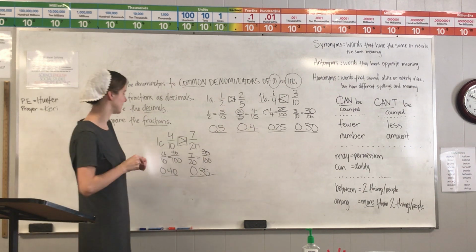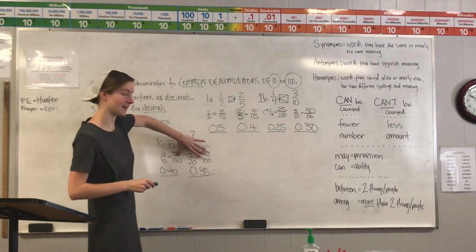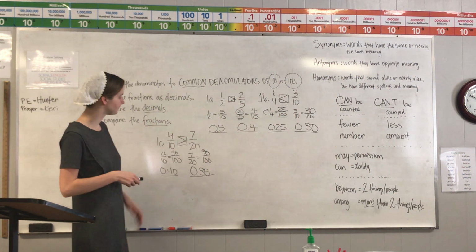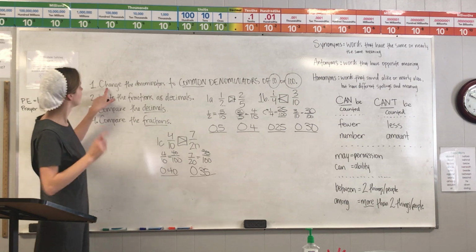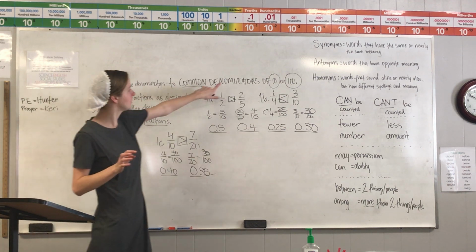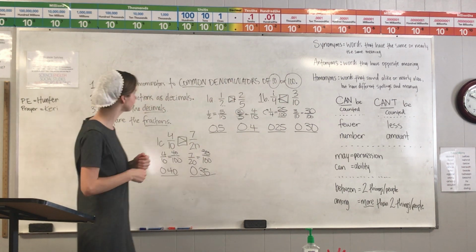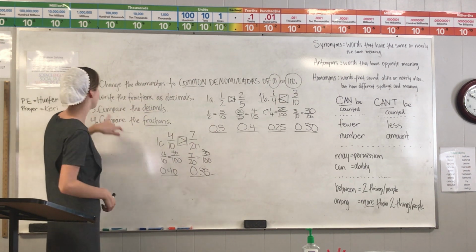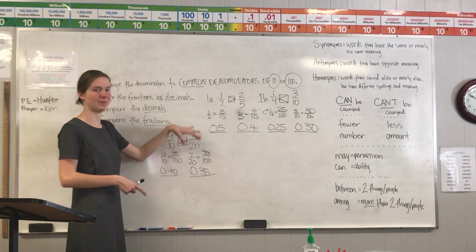We only know that because we changed our fractions to common denominators. So there are 4 steps: change the denominators to common denominators of 10 or 100, write the fractions as decimals, compare the decimals, and then compare the fractions.